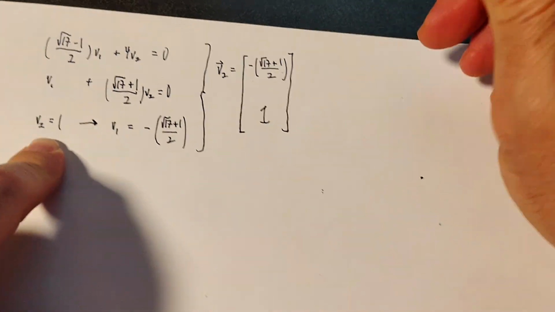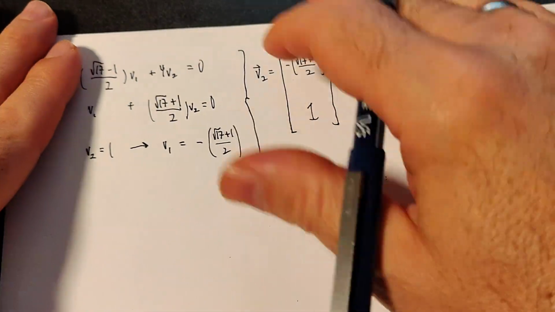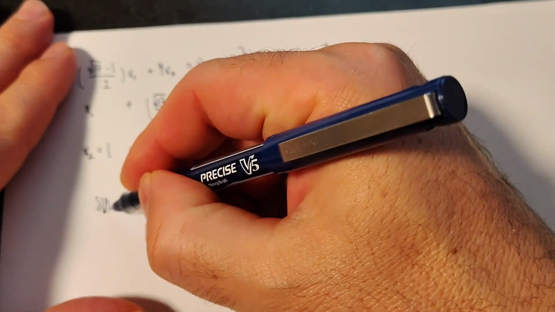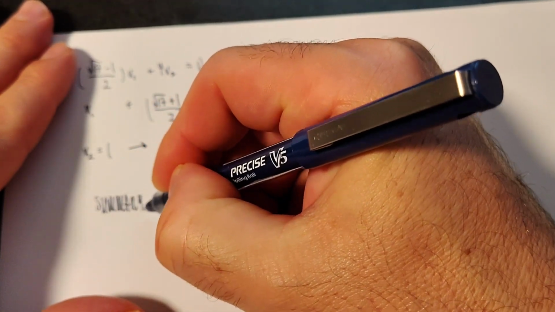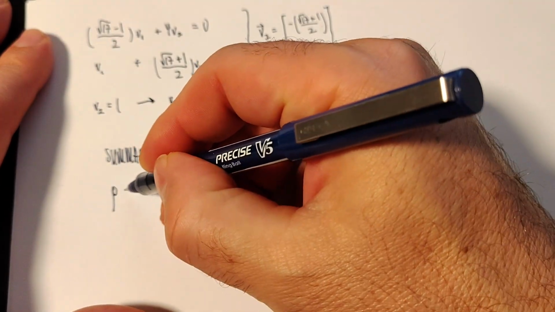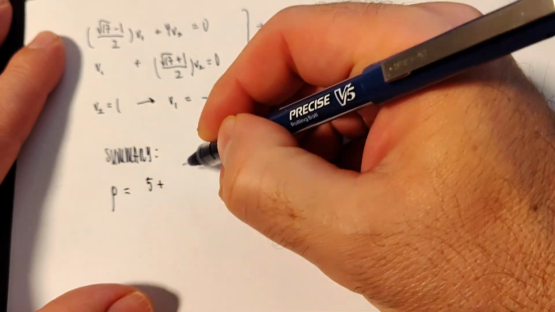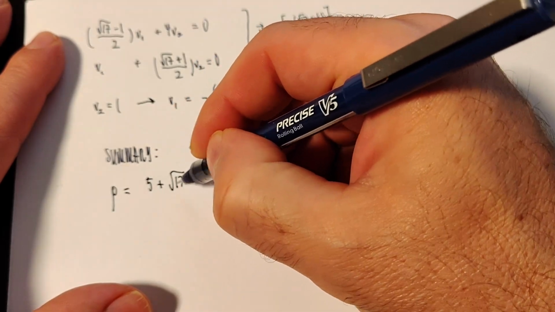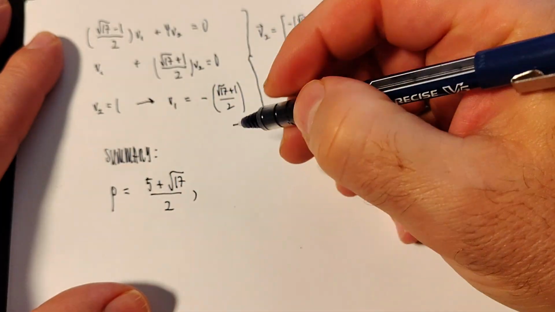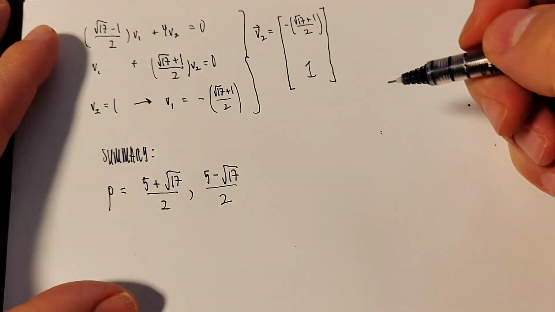All right. So to summarize, we're going to have the following set of eigenvalues. Rho is going to be equal to 5 plus root 17 over 2 and 5 minus root 17 over 2.